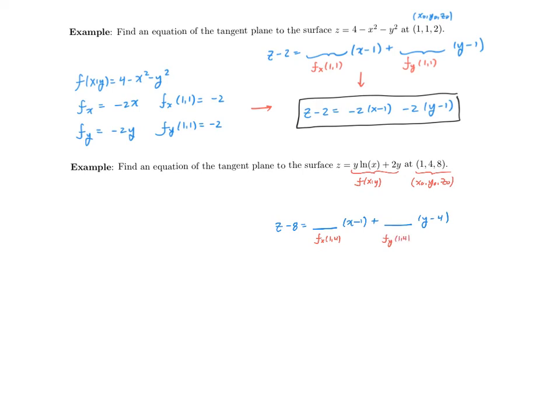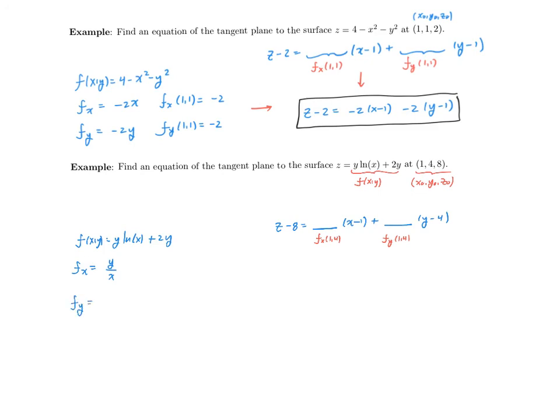So doing a few computations to the side, f is given by y natural log x plus 2y. Its partial with respect to x, so treating the y's as constants, is simply y over x.